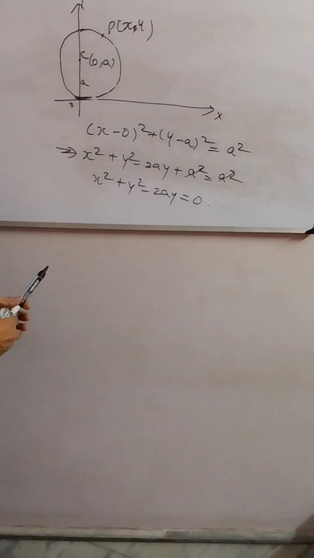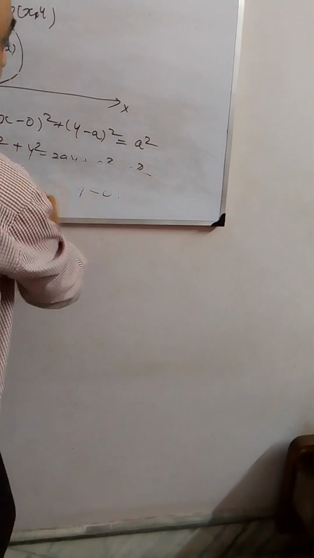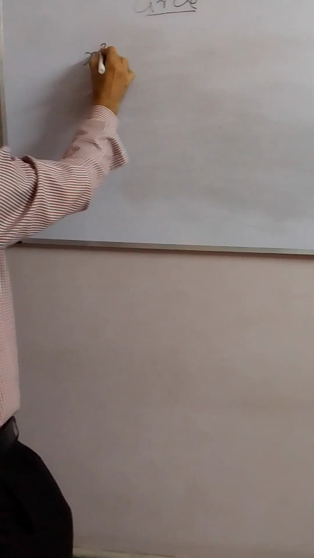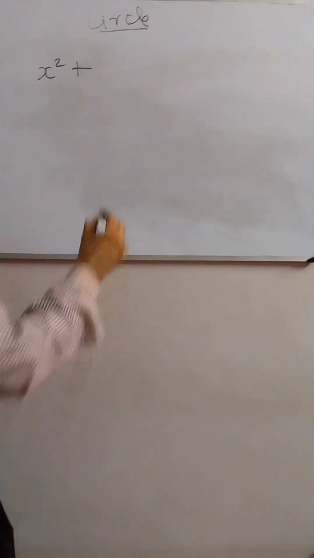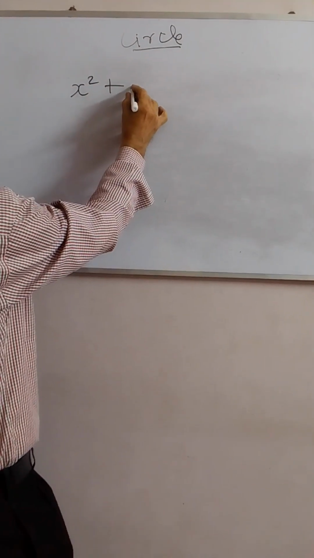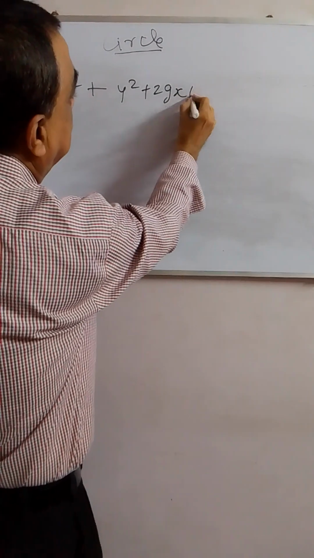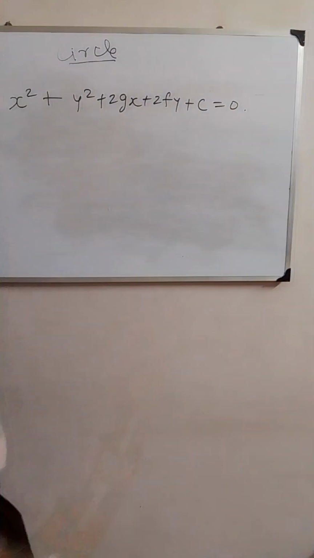Okay, so these are the special cases which I have discussed. Now the general form of the equation of the circle. The general form of the equation of the circle is x squared plus y squared plus 2gx plus 2fy plus c is equal to 0.